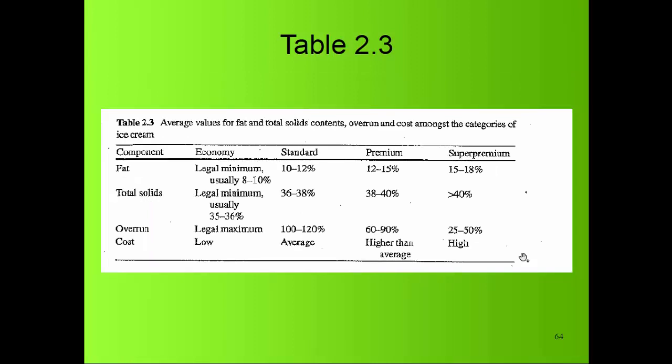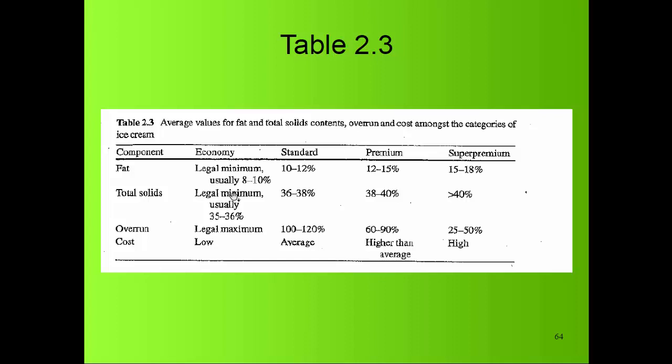So if we look at the average values for fats and total solid contents and overrun and the cost, right? For economy ice cream, legally the fat is 8 to 10%, and the legal minimum is usually about 35 to 36%, and the overrun is the maximum overrun, and its cost is low.